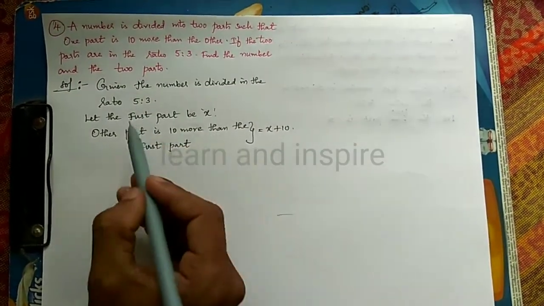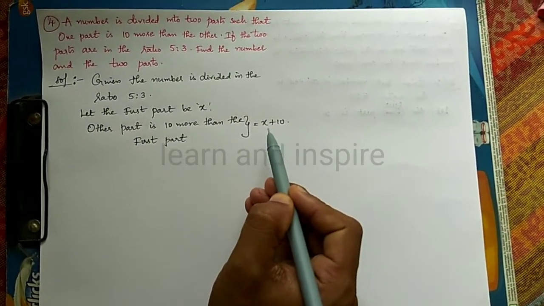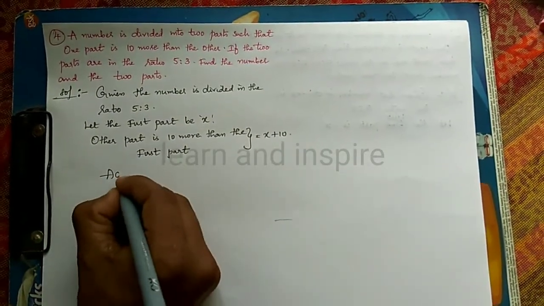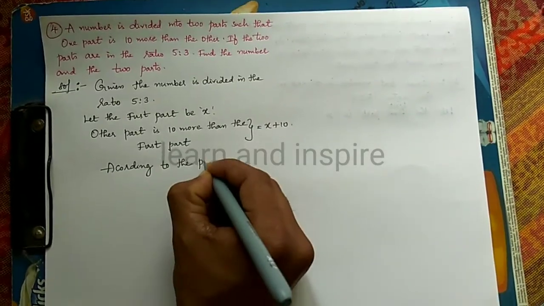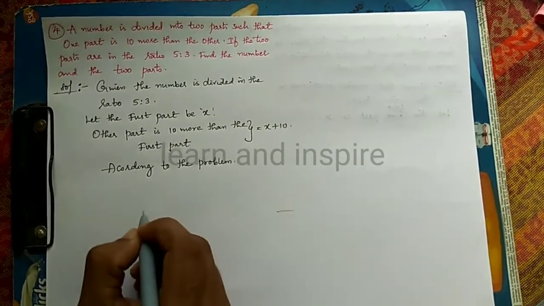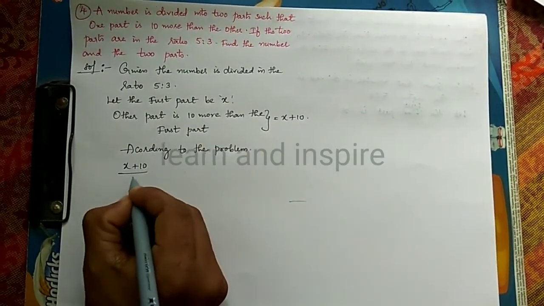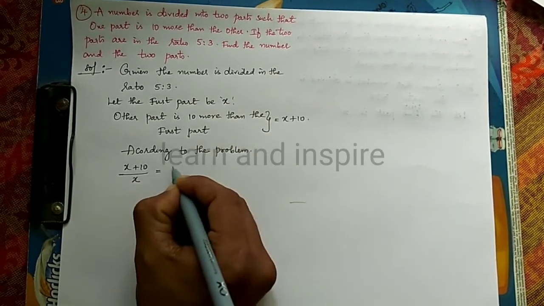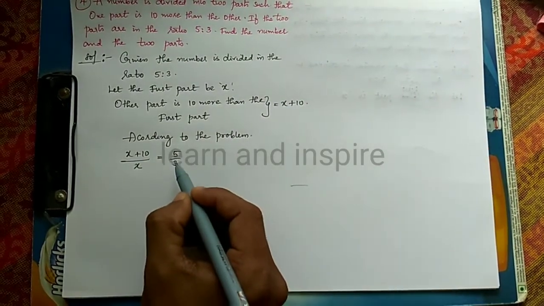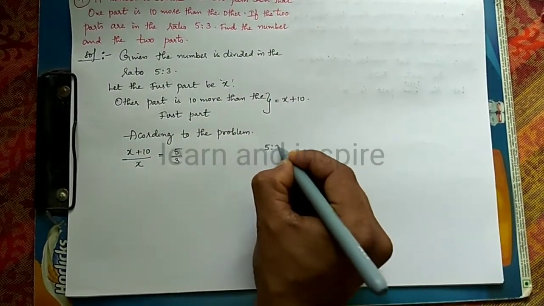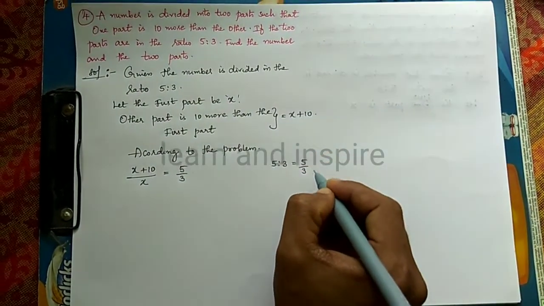Okay, so the given ratio is 5:3, and the first part is x and the second part is x plus 10. Now according to the problem, we write these parts as x plus 10 divided by x, which is equal to 5/3. So why have I written x plus 10 by x equal to 5/3? Because 5:3 can be written as 5/3. So a is to b can be written as a by b.